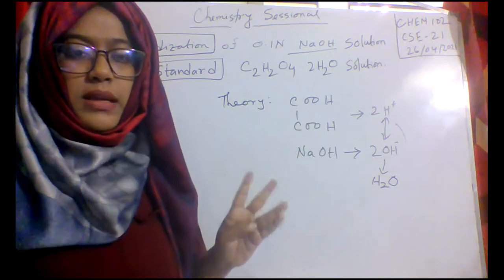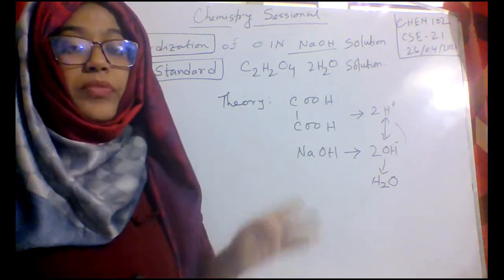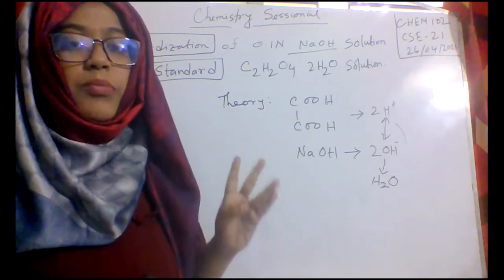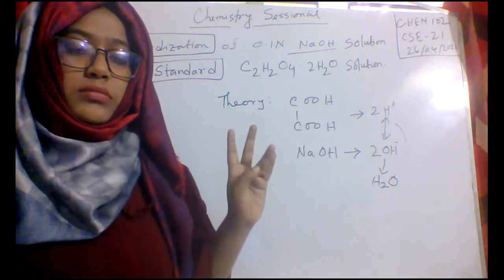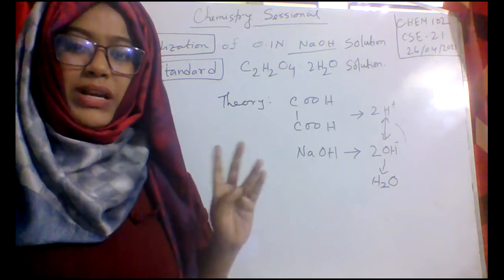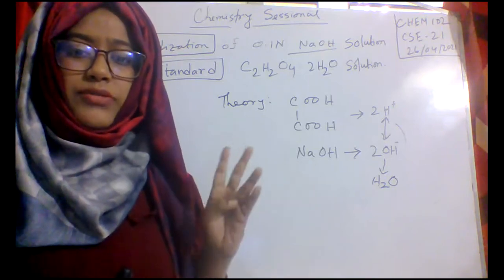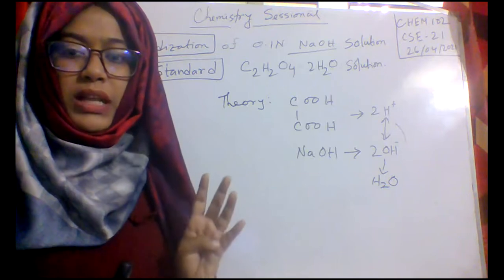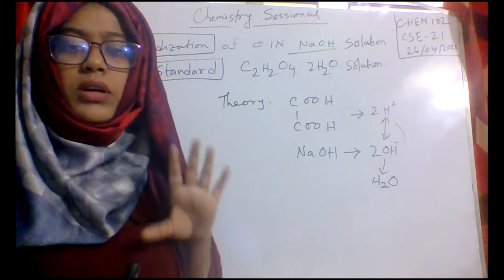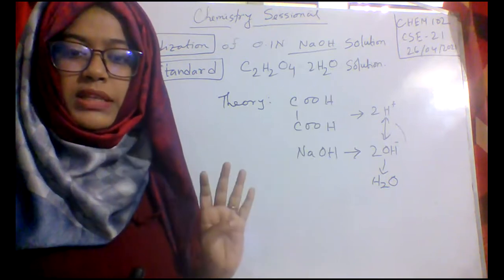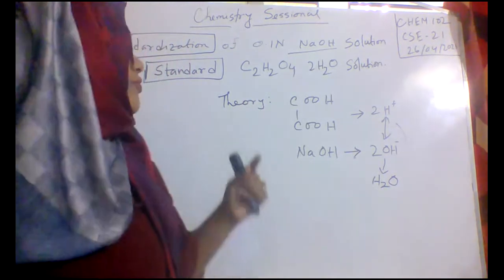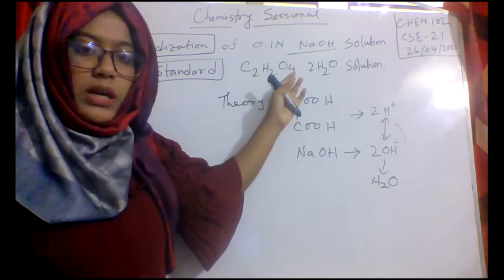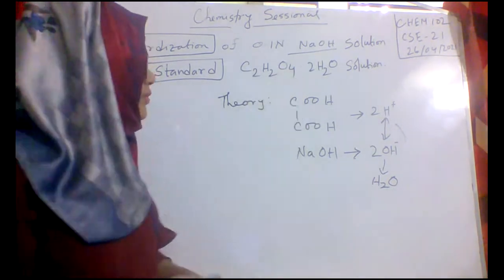And the apparatus is a volumetric flask, conical flask, burette, pipette filler, funnel and water glass. That's all. So we have to write down the theory, the chemicals, and the apparatus. Now the procedure. In phase 1, we have to prepare this standard solution.